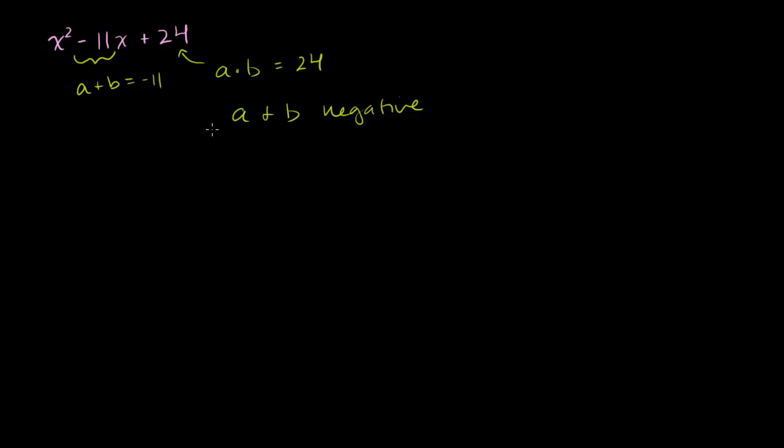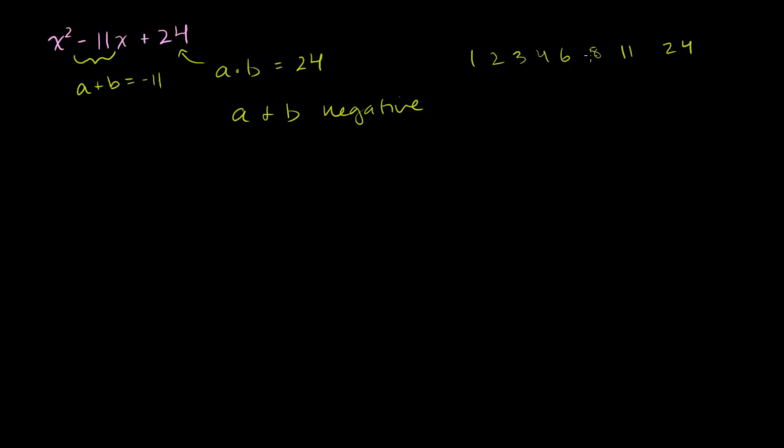So let's just think about what a and b can be. So two negative numbers. Let's think about the factors of 24. And we'll kind of have to think of the negative factors, but let me see. It could be 1 times 24, 2 times 12, 3 times 8, or 4 times 6.